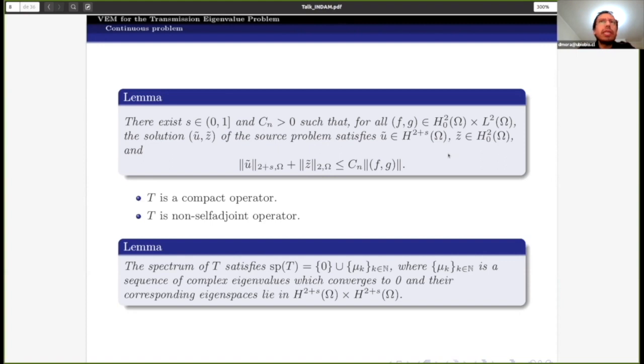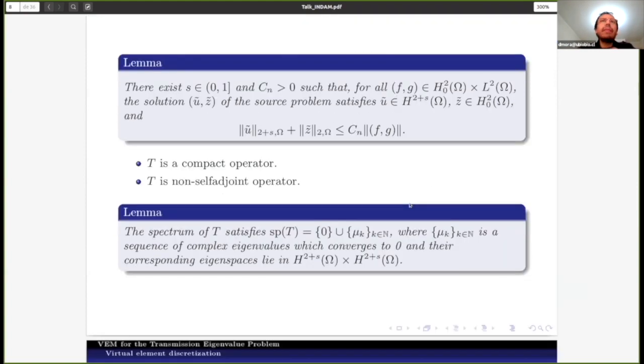So we can use the typical result for this kind of problem, and we have this spectral characterization. The spectrum of T is equal to 0 and a sequence of complex eigenvalues which converge to 0, and their eigenspace lies in this space.